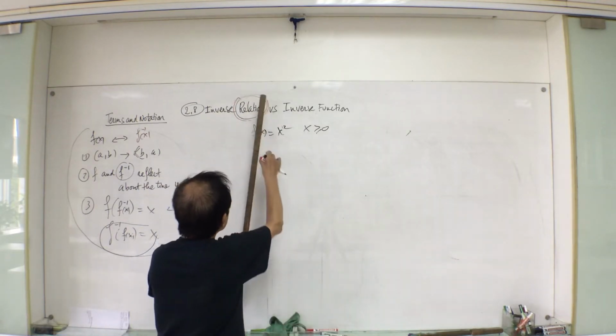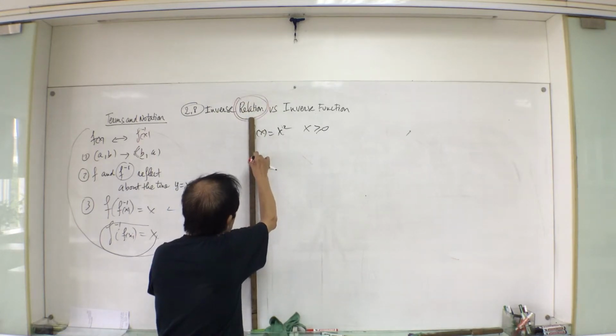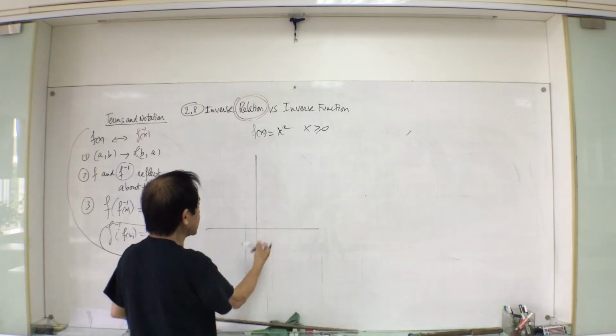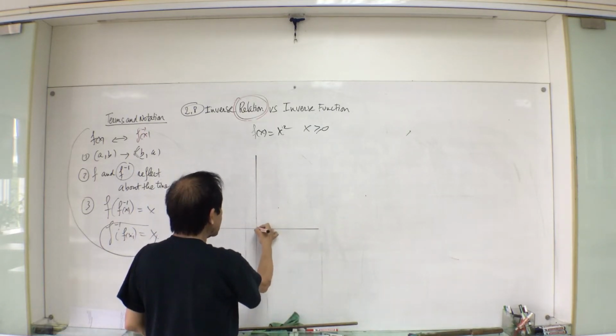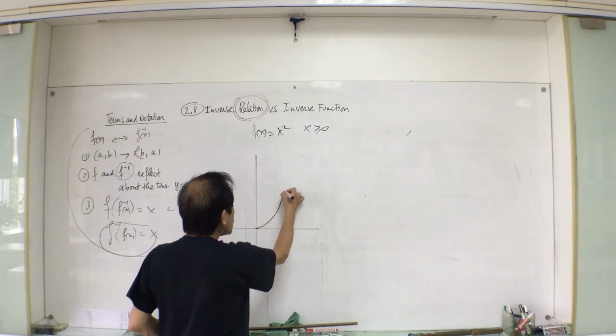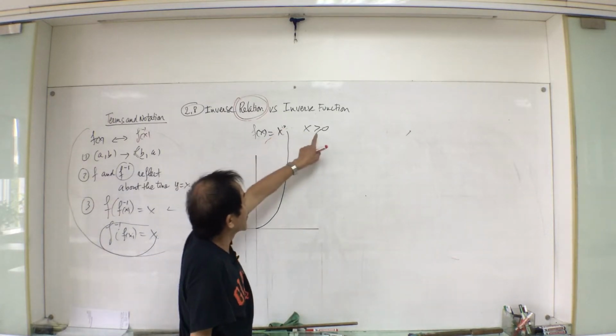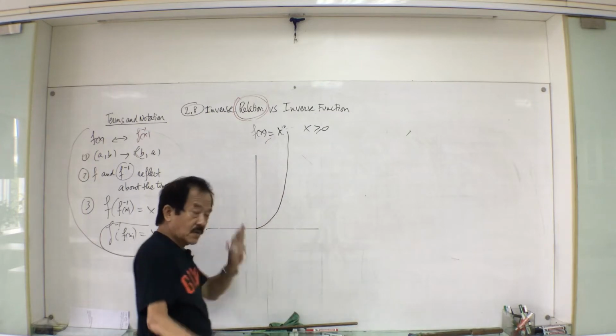So I reconstruct the graph of y equals x squared, and the graph looks like this. Only x greater than 0; for x less than 0 we don't know.